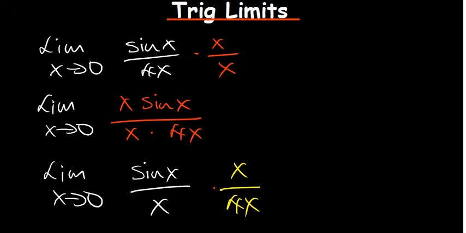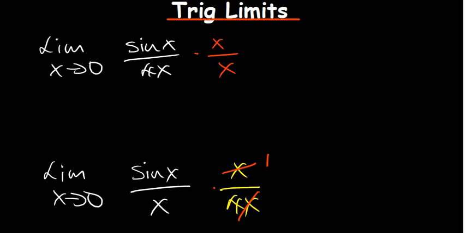Now at this point, you know x can divide. You have x there, so you have a 1. On the bottom, you're just going to have 4. So let me rewrite whatever I have.